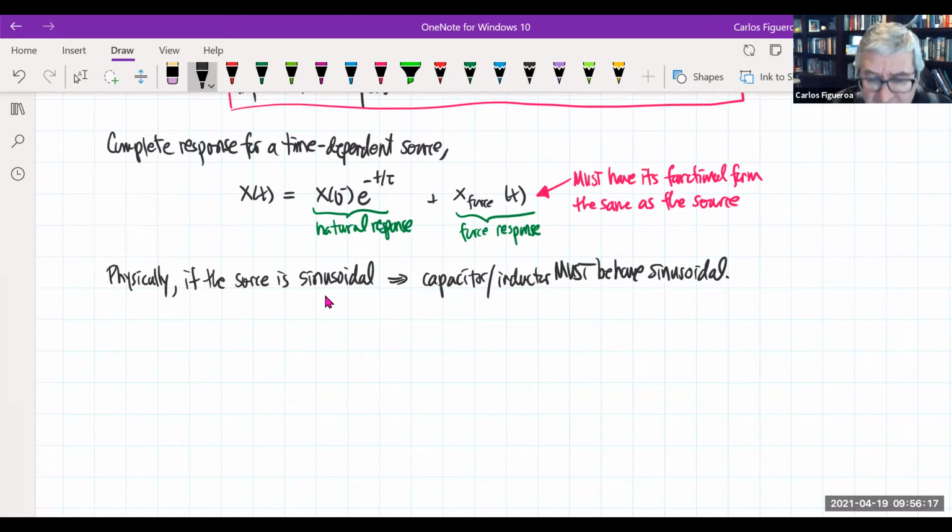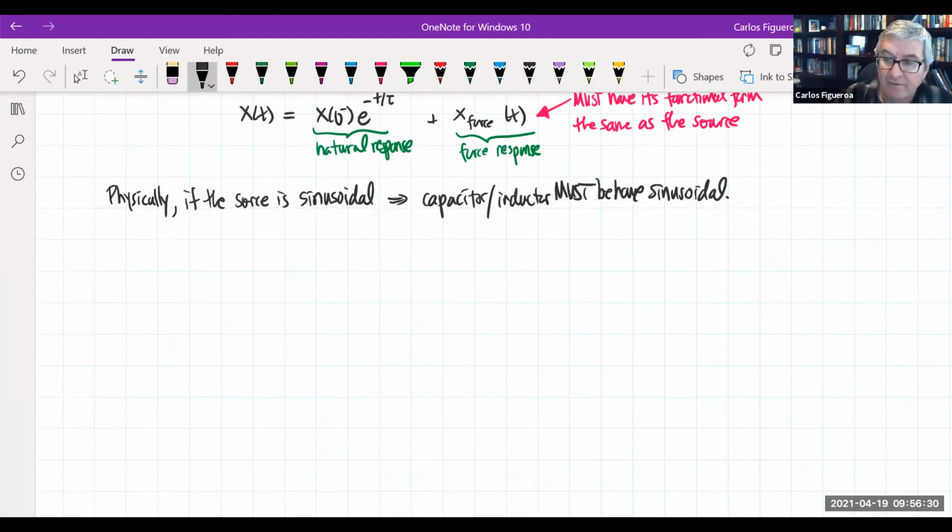If the source is linear with respect to time, then the current in the capacitor must be linear as well. They have to have that functional form here.